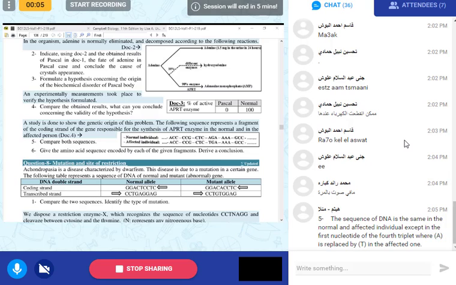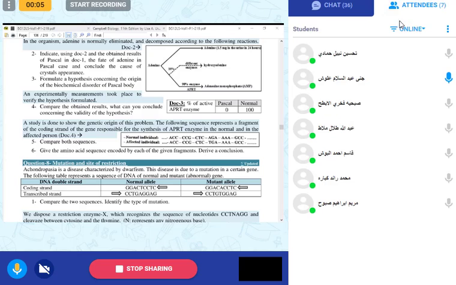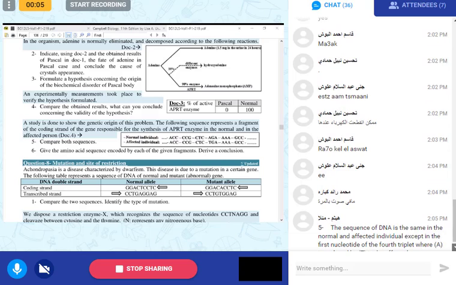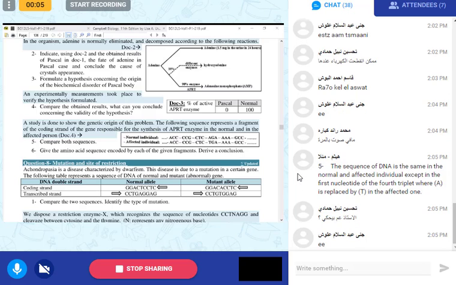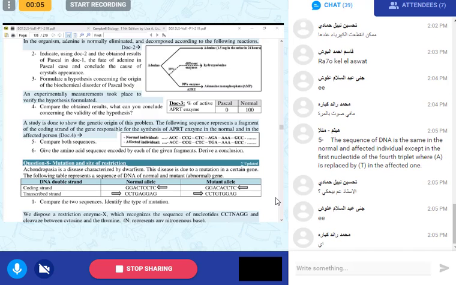So the sequence of DNA is the same in the normal and affected individual except in the first nucleotide of the fourth triplet, where A is replaced by T in the affected one. Always when you talk about a mutation, please specify the location exactly where it is happening.